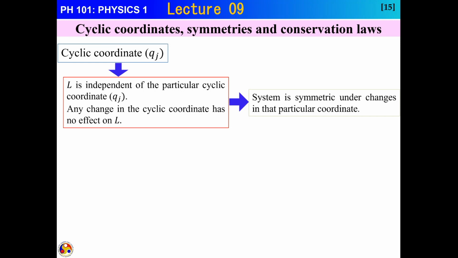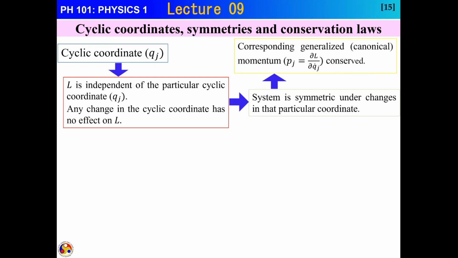So in that case, the generalized momentum for that particular generalized coordinate is simply conserved. That's very simple. By seeing the Lagrangian, you can tell the quantities which are going to be conserved. That's a very straightforward way of doing it.